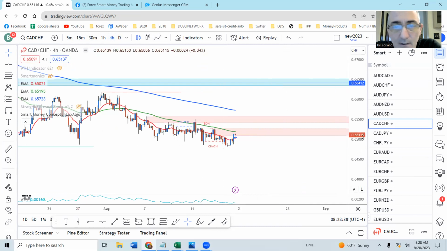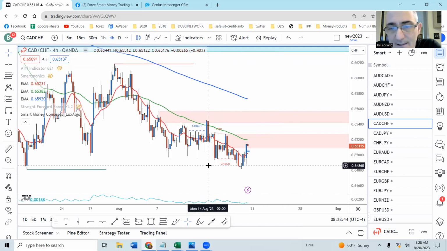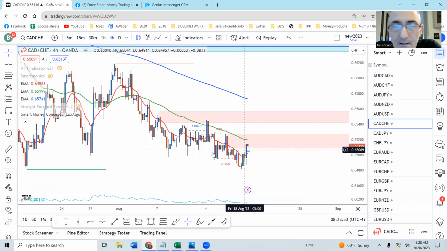And on the 4-hour, okay, so now we did get a break of structure to the downside here. You could see here that this order block has already been hit. So this is a potential trading opportunity already for next week here.